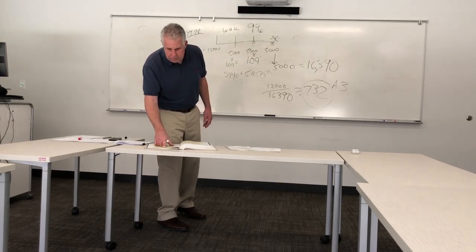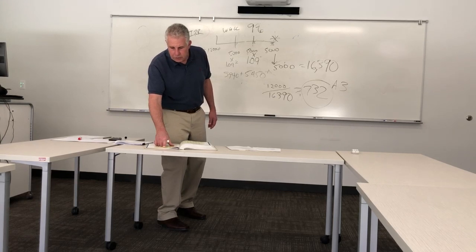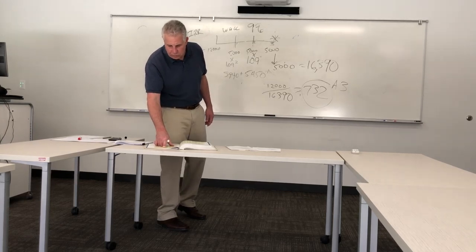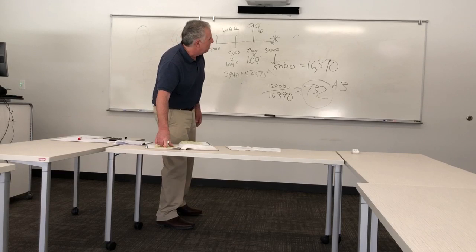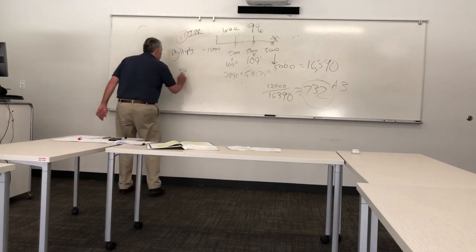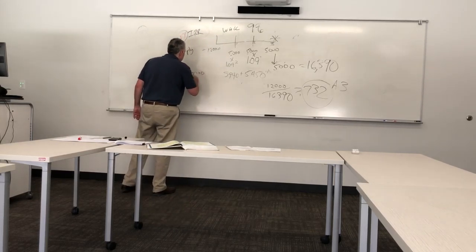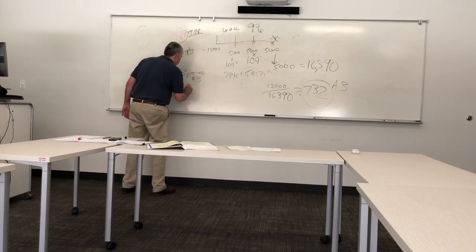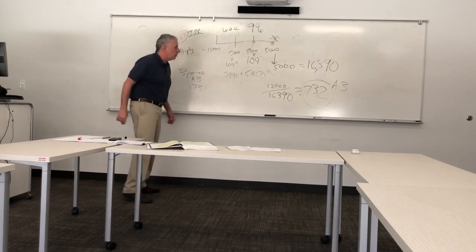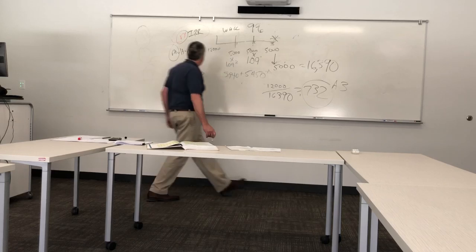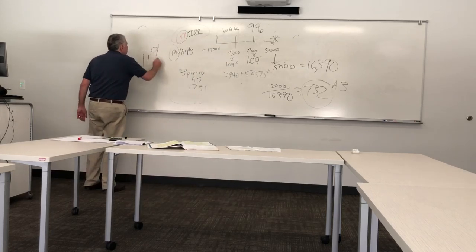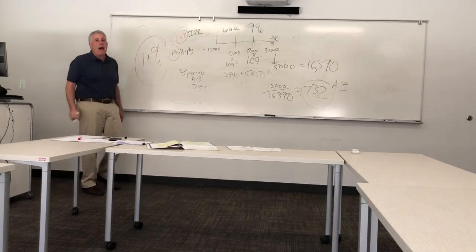So we go to the 3 periods. At 11%, we should see 0.73119. At 3 periods, table A3, you should see 0.731 something or other. It's close enough. So that means the modified internal rate of return on this project is about 11%.